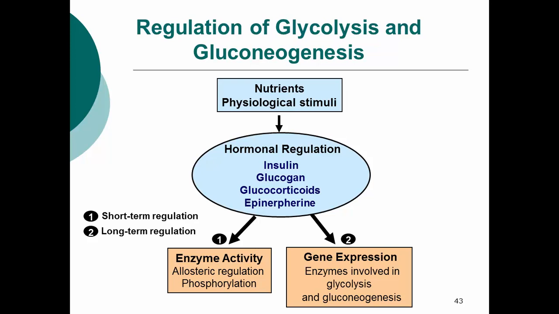For example, we're going to talk later about phosphorylation. So you can turn on and off certain key enzymes, and that can happen very quickly, like a couple of minutes, right? And the long-term regulation, for example regulating gene expression, takes a longer time, maybe hours or days.